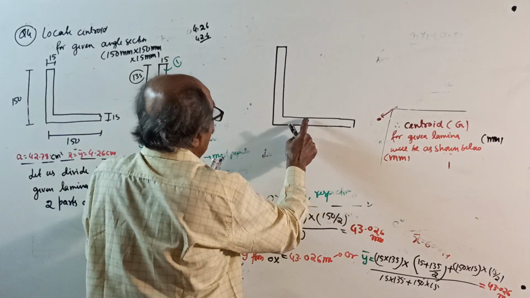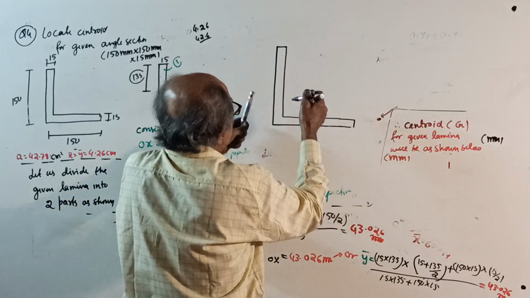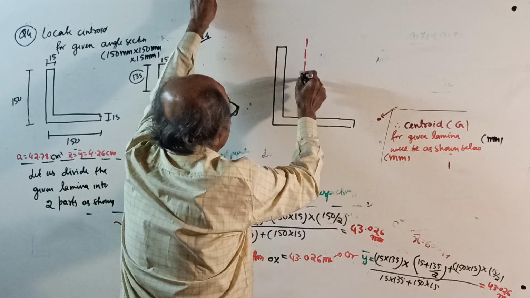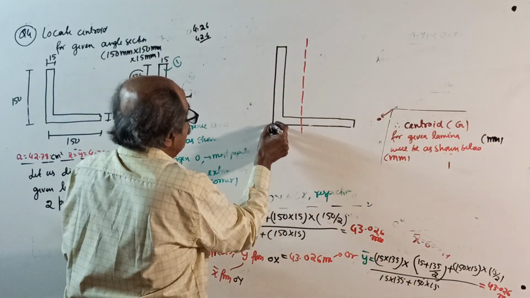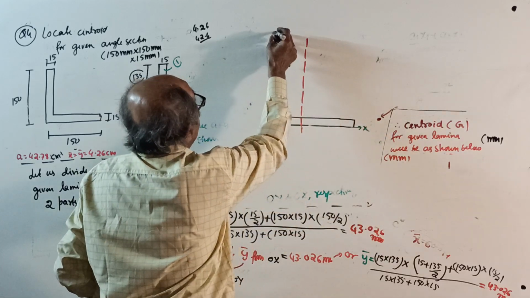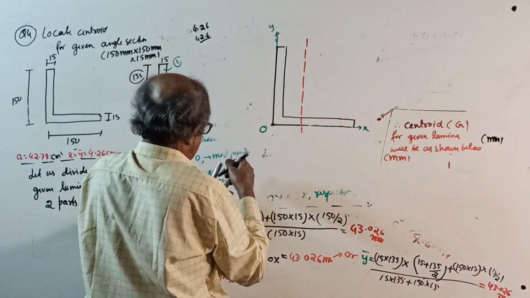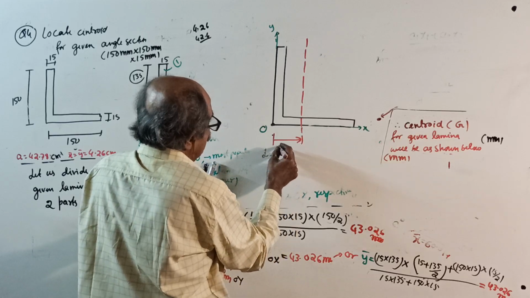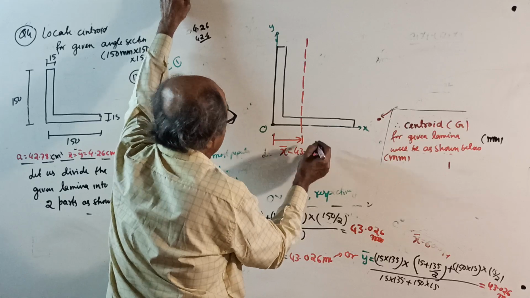This is 150, half is 75. That is somewhere here. When you mark the x distance, you should put a reference vertical line there. Once again, to understand correctly, this is the point O. This way is your x, this way is your y, and we got x bar 43.026 millimeter.